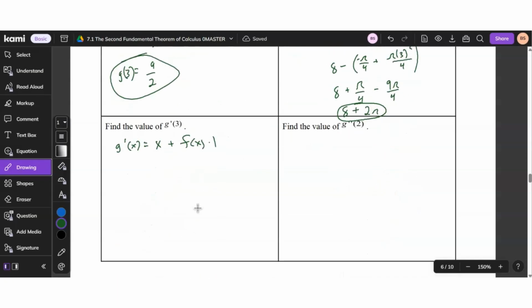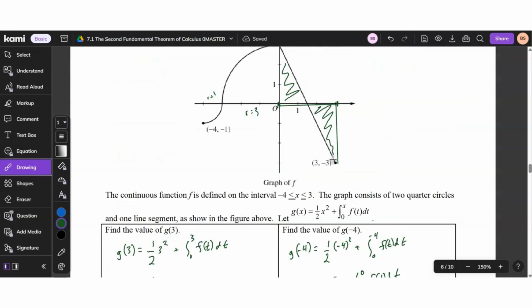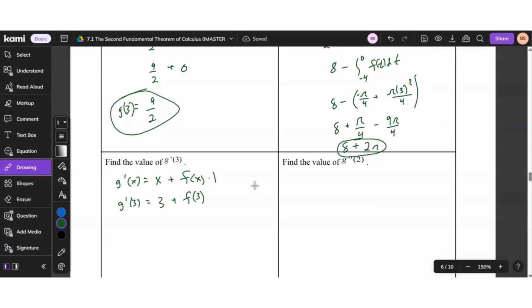So we just replace the variable there. So now we can go ahead and find g prime of 3, which is going to be 3 plus f of 3. So we just look at 3 here, and at 3, it's -3. So we're going to get 3 plus -3, and so g prime of 3 is just 0.